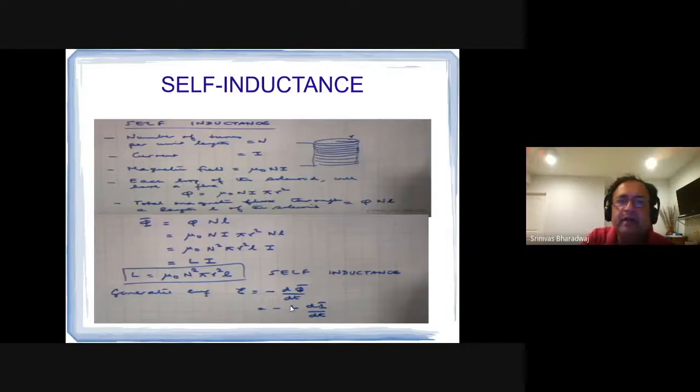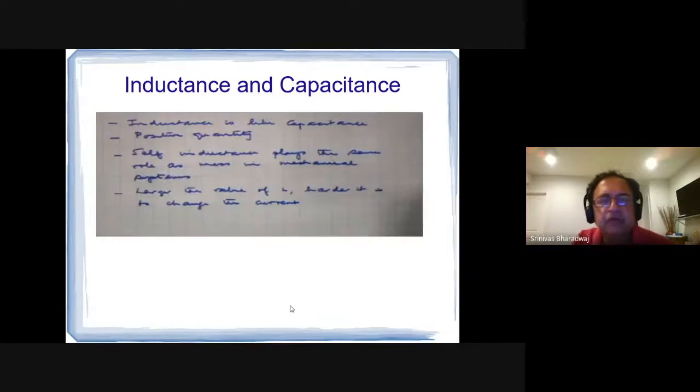That is called self inductance, and normally when we talk of inductors, this is the formula we are talking about. Now the inductor is the opposite of the capacitor. If you remember from our earlier material with respect to the capacitor, we said that Q is equal to CV and dQ by dt equals C times dV by dt.